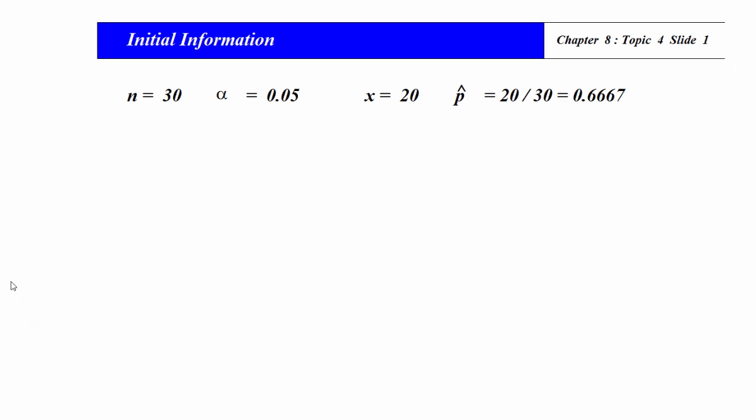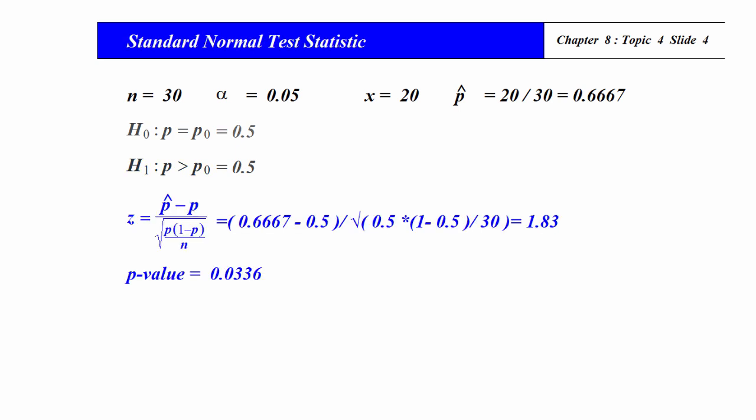Consider the following example. In 30 trials, given 20 successes, test the hypothesis that this is 50%. That is, the null hypothesis is that this proportion is 50%. Alternatively, we believe that the proportion is greater than 50%.